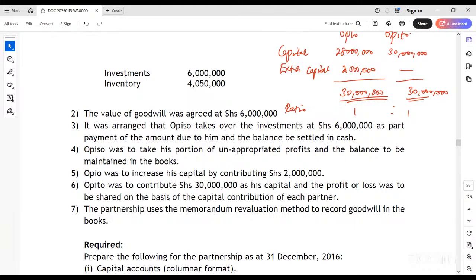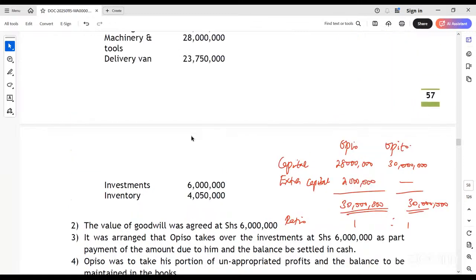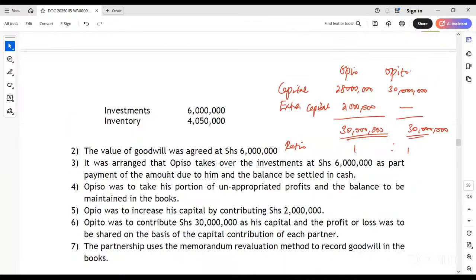So what we can do in this case is taking the investment at shillings 6M as part of the payment of the amount due to him, and the balance be settled in cash. Opiso takes his portion of the unappropriated profits, and the balance to be maintained in the books. Opito is to increase his capital by contributing shillings 2 million.